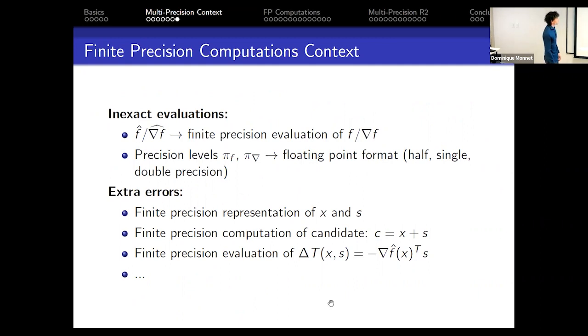In our context, we're going to suppose that the errors come not from the deep neural network training or the equations, something we can play with. We're going to play with it differently. We're going to suppose that we run computations on machines like laptops or graphic cards, and we can switch precision level, as in with how many bits we compute the results, and that's going to be your precision levels.